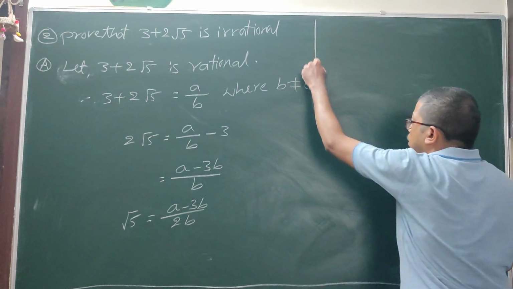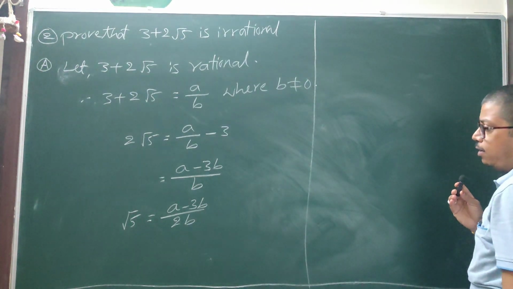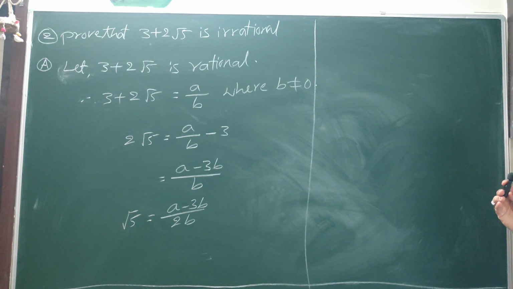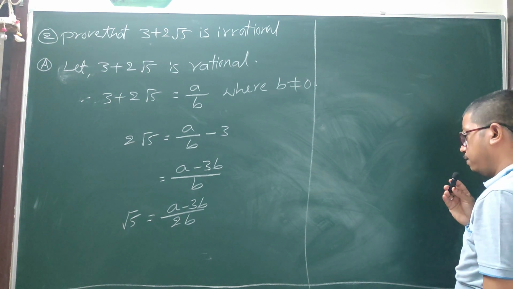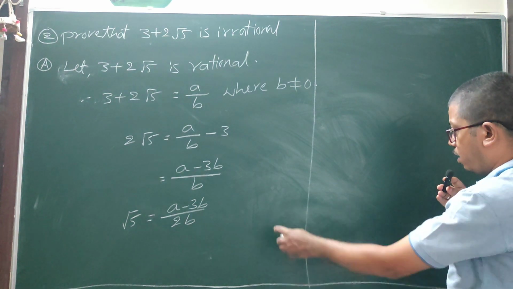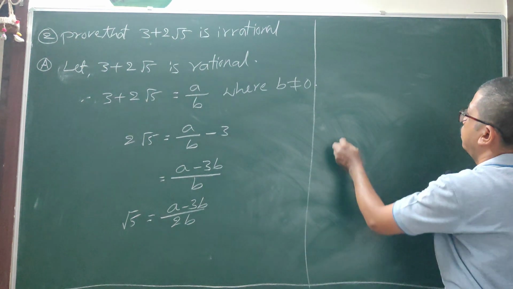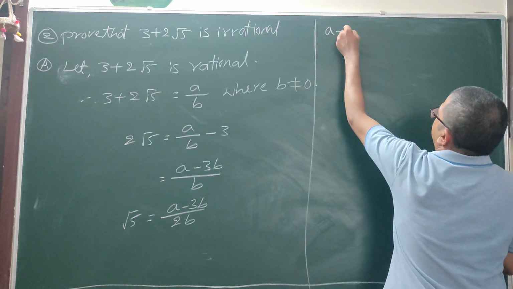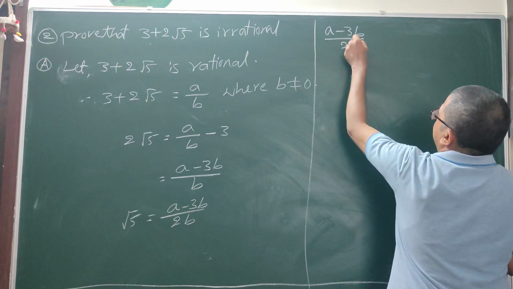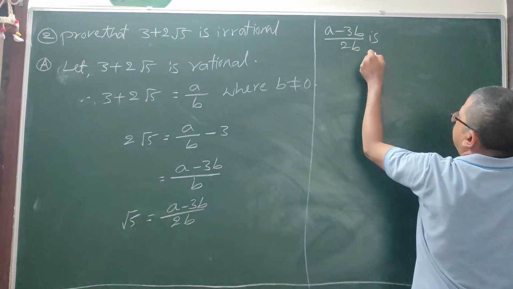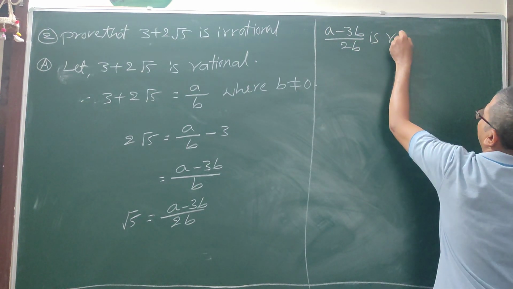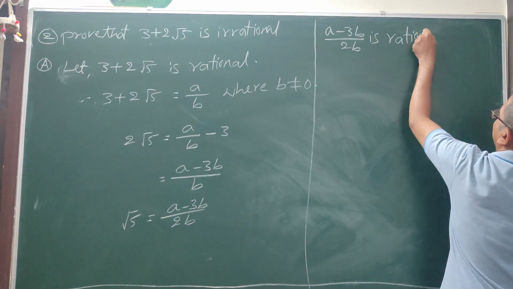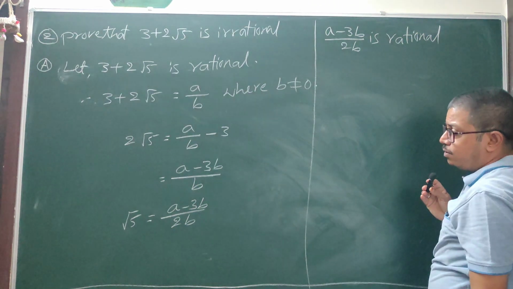So if we observe, a, b are rational numbers. So RHS part, a minus 3b by 2b is rational.